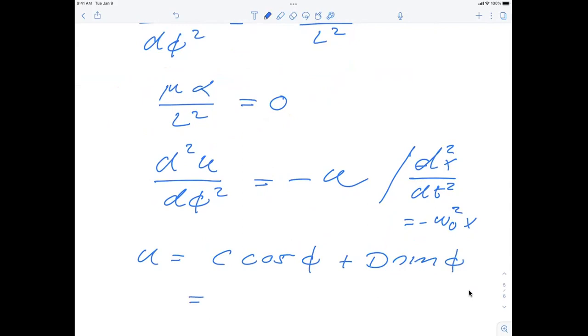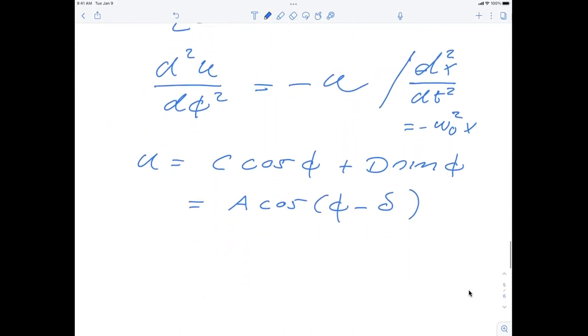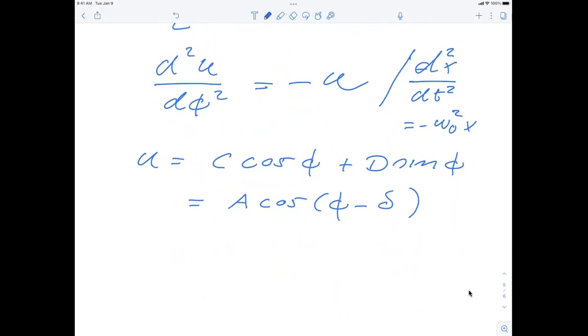And we can compactify this into something which goes like cosine. This goes back to what we did with harmonic oscillations, which has a phase shift. So we can always rewrite this equation by some manipulations. We could also use exponentials if we wanted to.